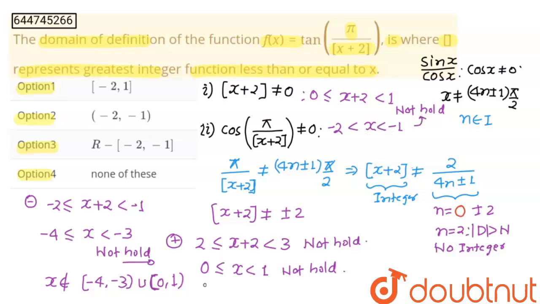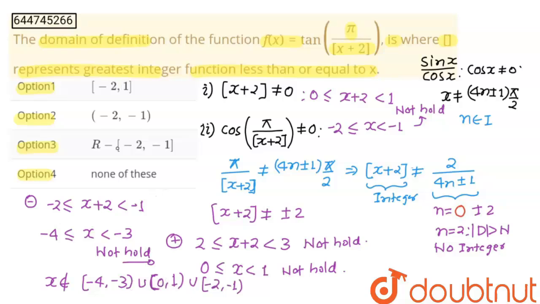So here also, it will be union minus 2 to minus 1, with the equals sign. So this x cannot hold.